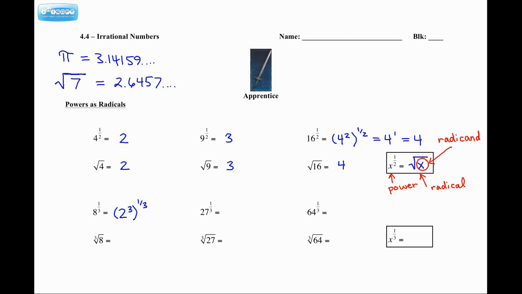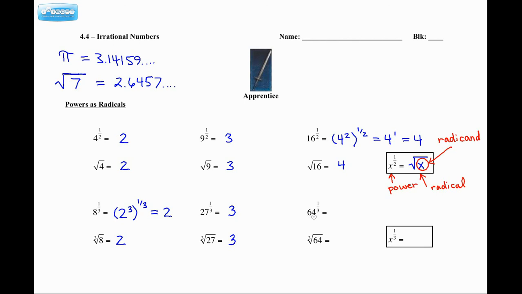The 3's cancel, and I'm left with 2 to the 1, or just 2. Well, the cube root of 8 is 2. So this shows that something to the power of 1/3 is exactly the same as taking the cube root of that something. So 27 to the 1/3, or a cube root, that is 3, because the cube root of 27 is 3.